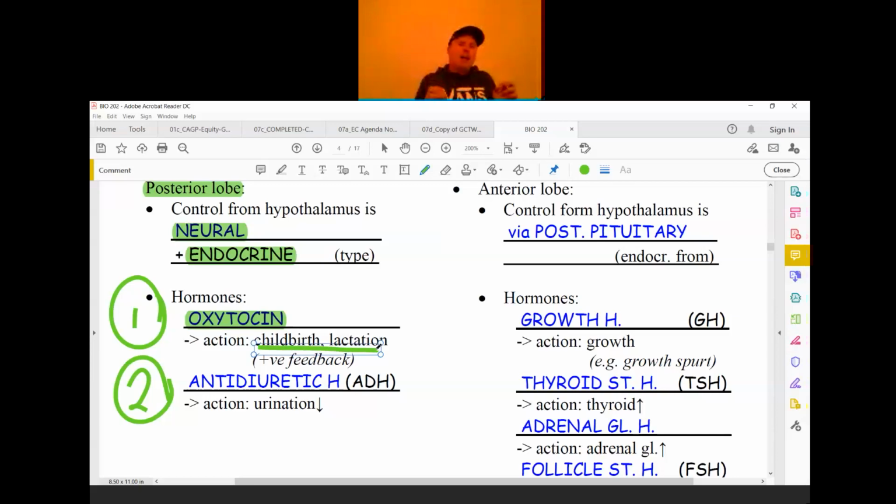Oxytocin is a weird one because that's going to be one of the very few times in the body when we actually see a positive feedback loop of homeostasis. We'll go through every step of homeostasis in just a moment, but at this point, just remember that this is an unusual example of a positive feedback loop.